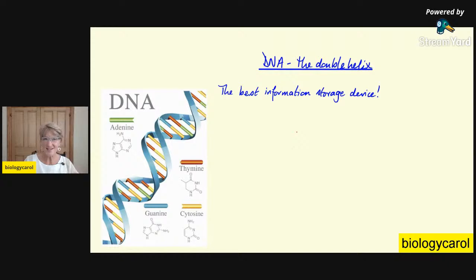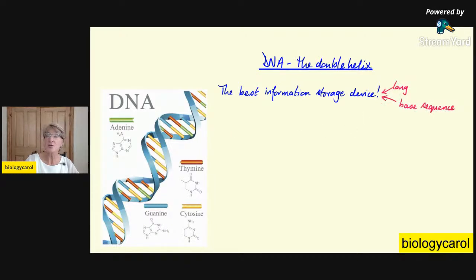I read a fascinating article in a newspaper a few years back where they were saying that if all the information on the internet was stored as DNA and not digitally, it would take up the volume of a shoebox. That is extraordinary. And it tells you how powerful an information storage molecule DNA is.